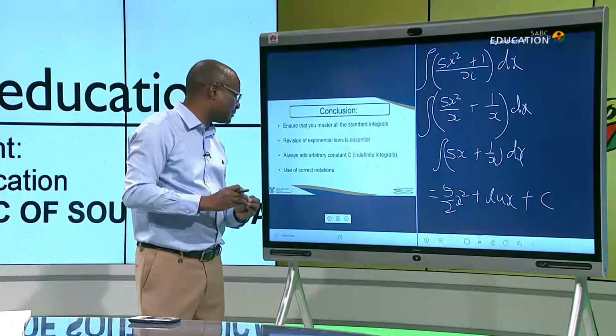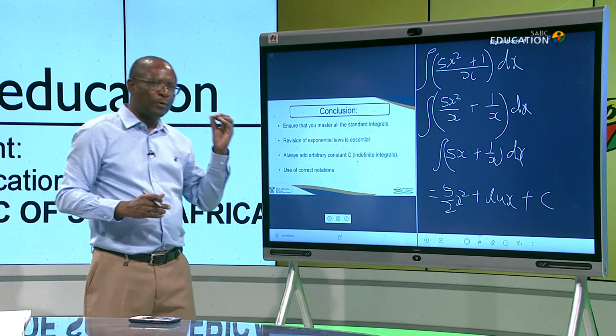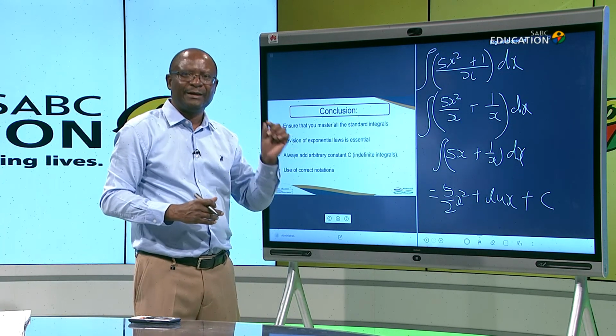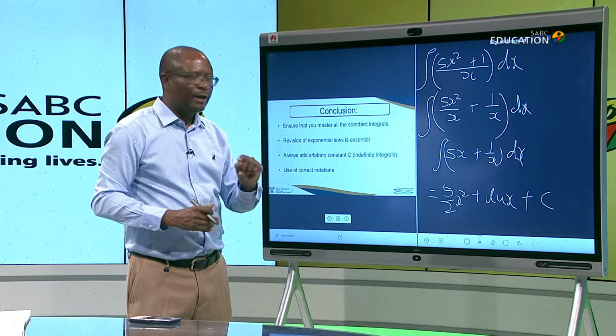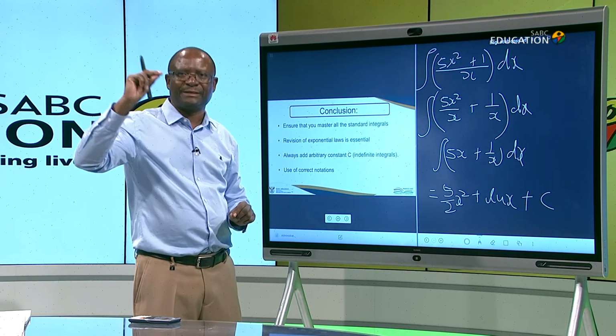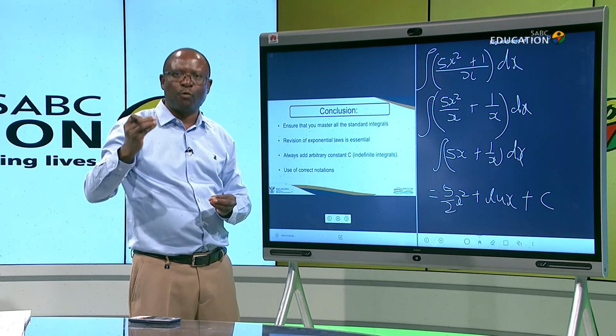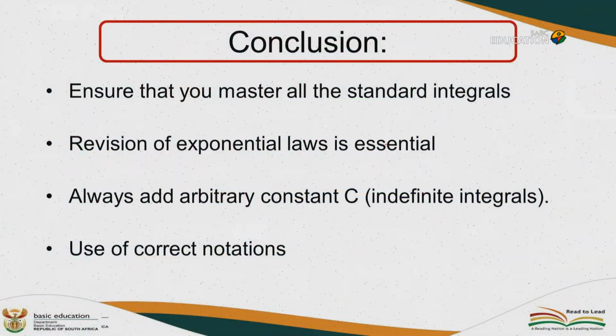Master your exponential rules. Thirdly, always, if you are dealing with the indefinite integral, you must remember to always add your arbitrary constant c. If you don't add c, then you can lose 1 mark from the possible marks.